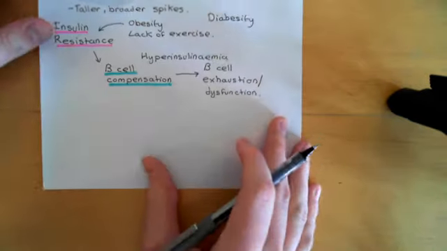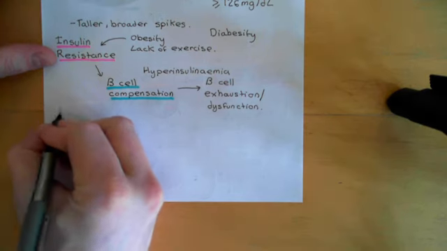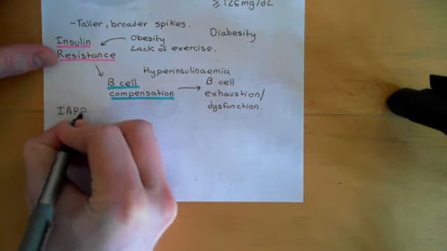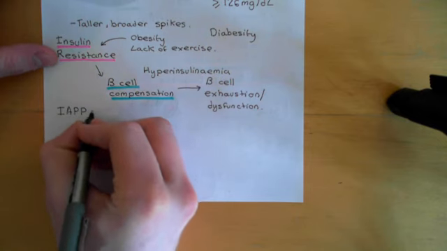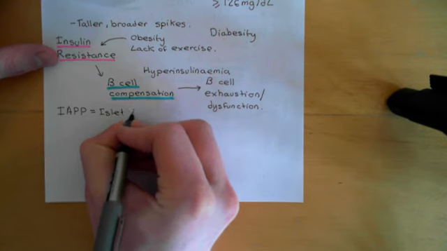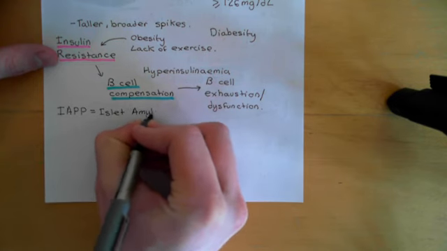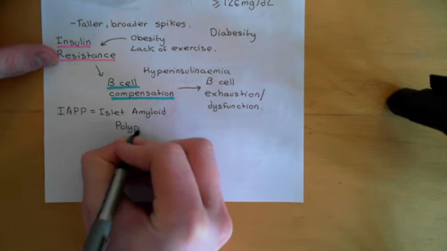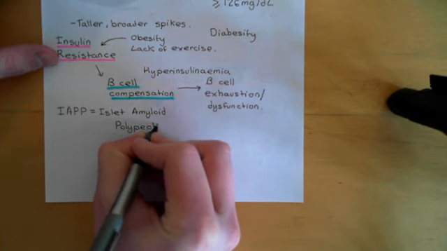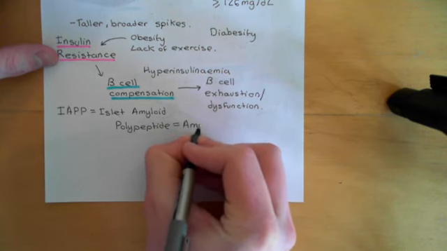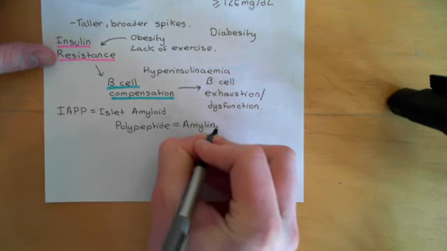So this involves a protein known as IAPP. Now what does this stand for? This stands for islet, that's the I, and then amyloid is the A, and then PP is for polypeptide, so islet amyloid polypeptide. Now islet amyloid polypeptide also has another name. You can also hear it referred to as amylin.